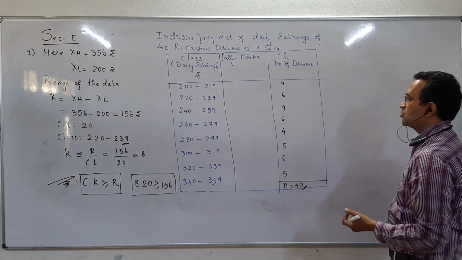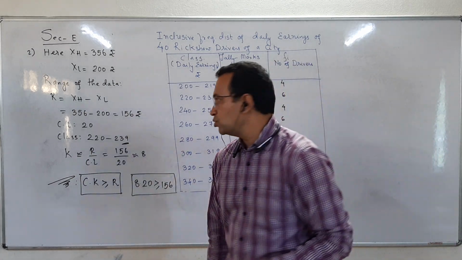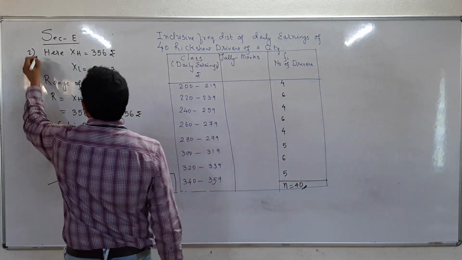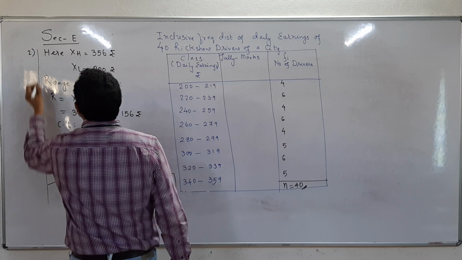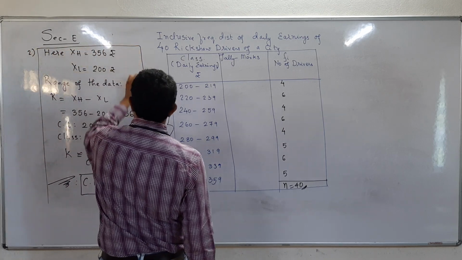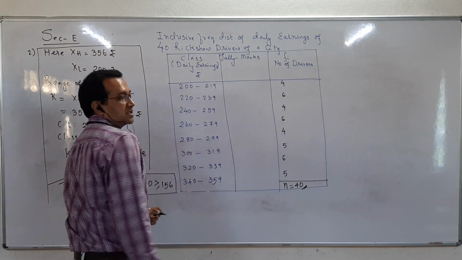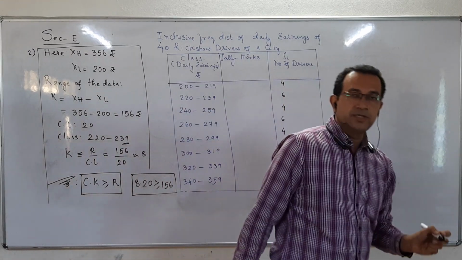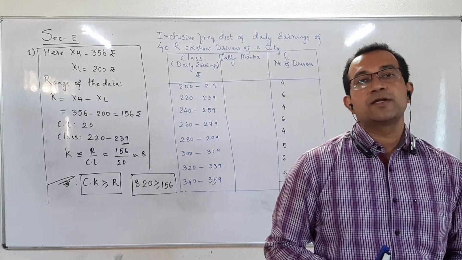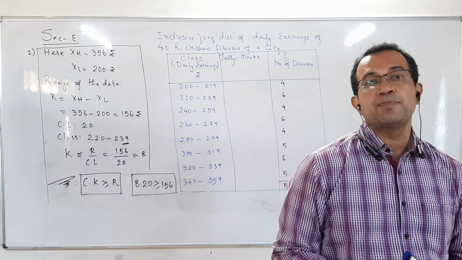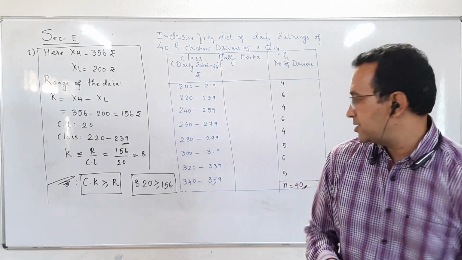Now tally marks, students, all of you know how to do. The main part of the sum is this. We should never make a mistake in this part, which is the most interesting one.